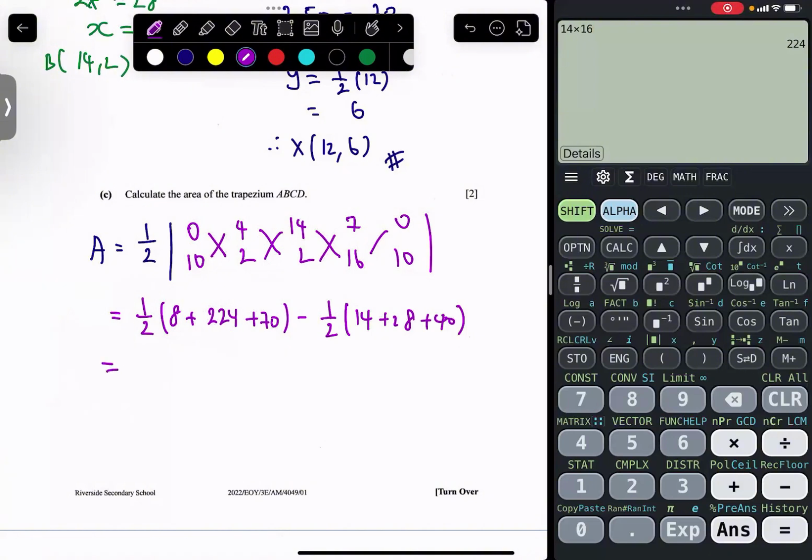So we'll have 8 plus 224 plus 70, minus 14 minus 28 minus 40. 220 divided by 2. So it equals 110 units squared.